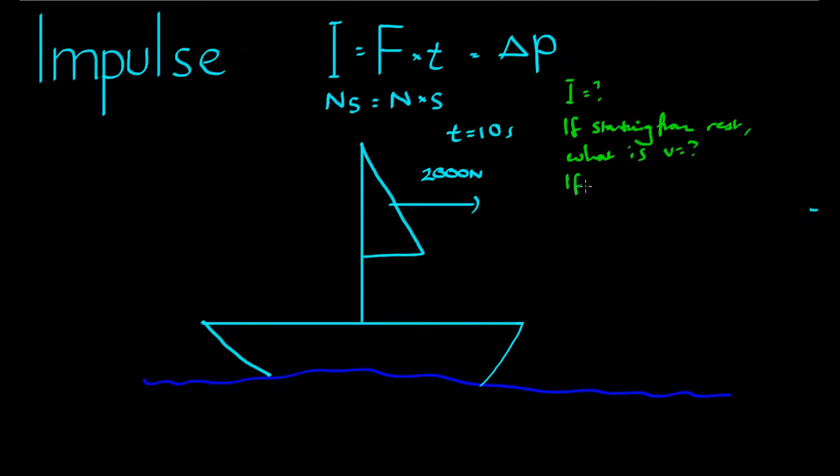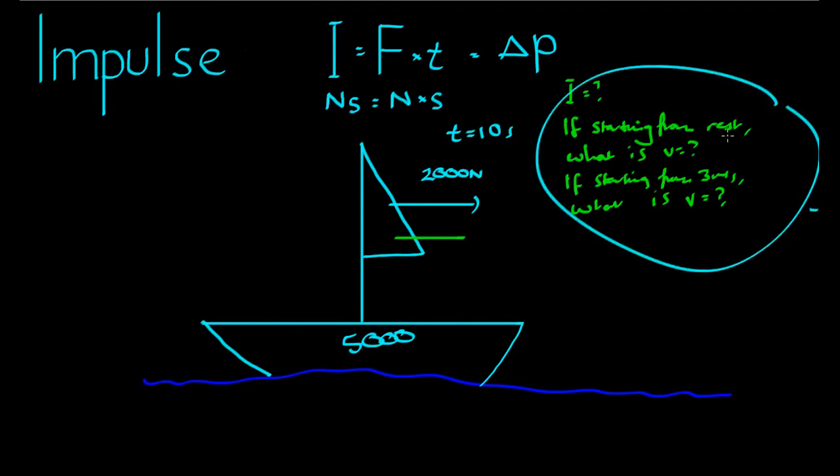And if starting from 3 meters a second worth of speed, what is the final velocity? And we'll say this boat has mass 5,000 kilograms. So the first of these 3 questions is the easiest.